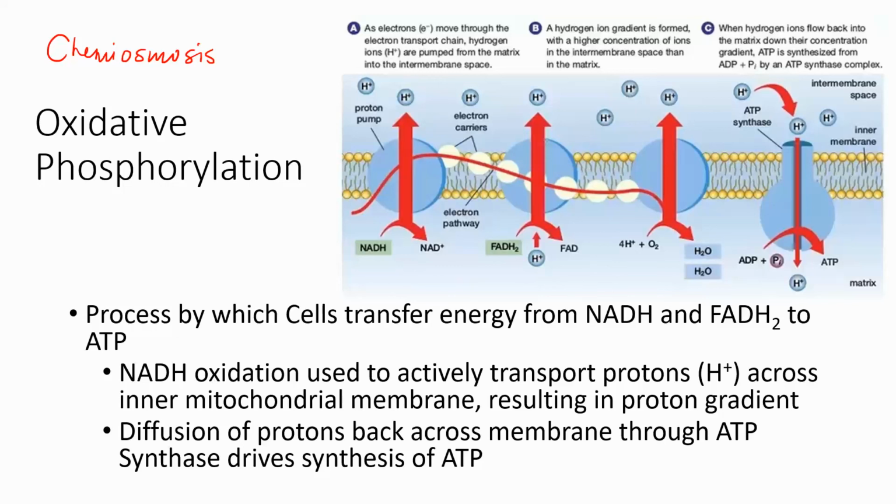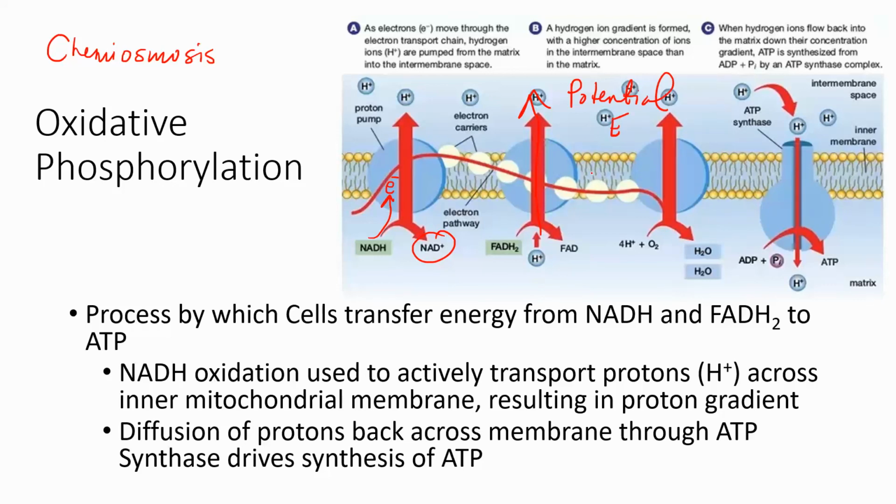So what happens is NADH is going to give its high energy electron to the electron transport chain, in the process returning to its unenergized form of NAD+. That electron, as it's passed through the electron transport chain, its energy is used to pump hydrogens across the membrane. Those hydrogens are going to build up, and that's going to store potential energy.